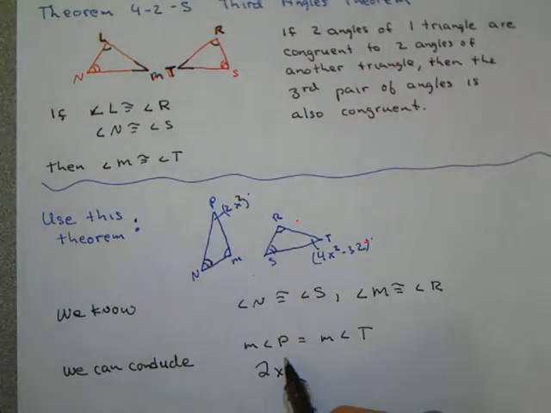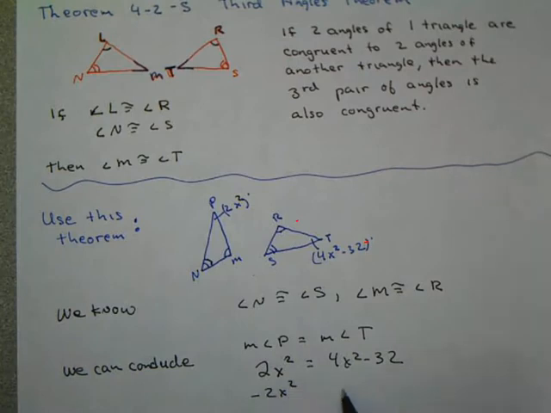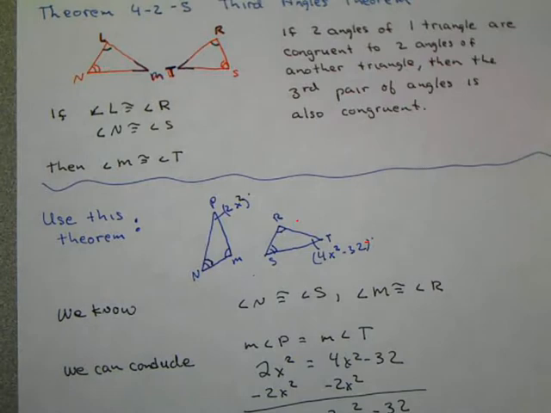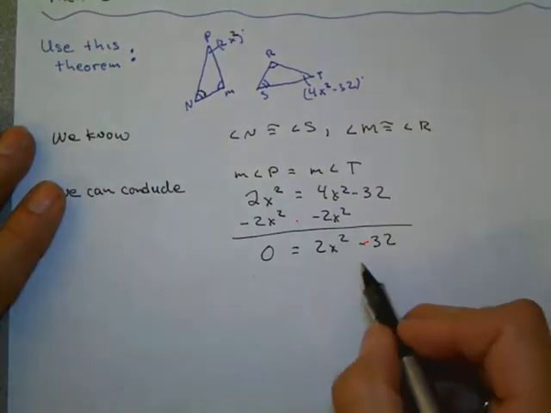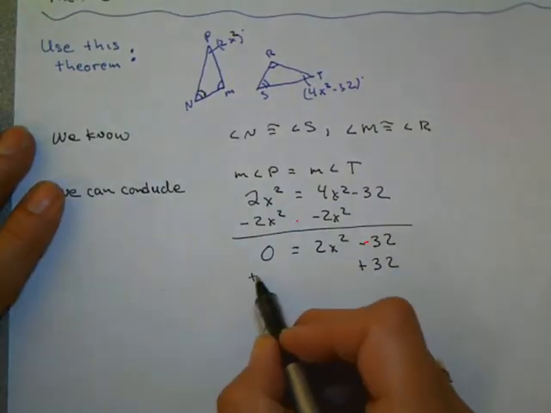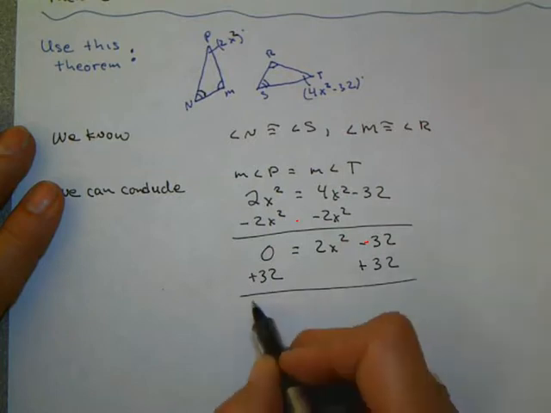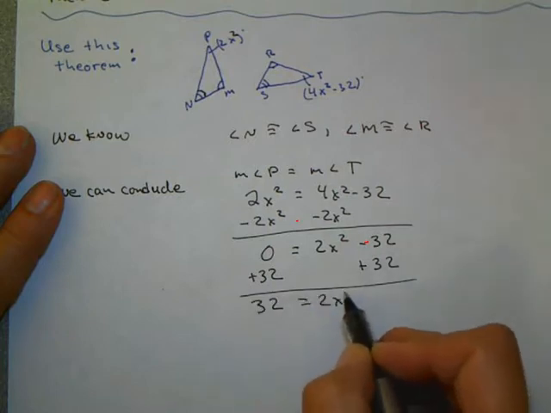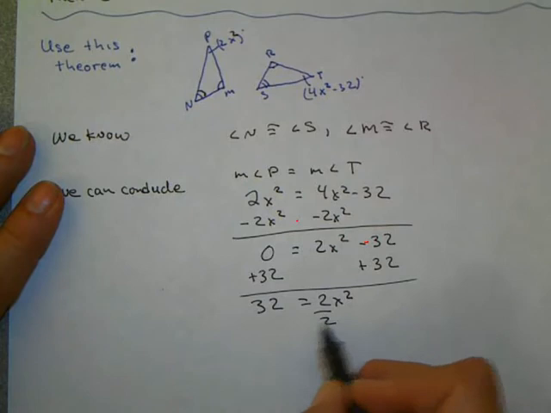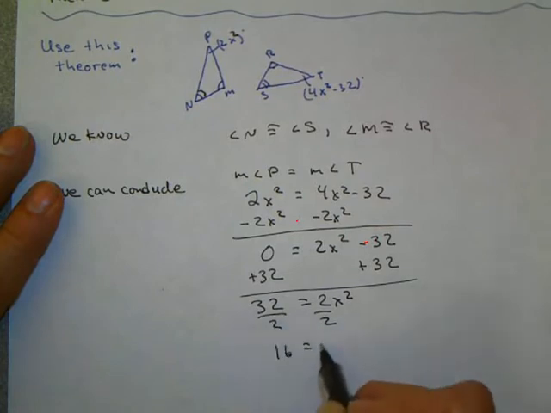Now, if I want to find these angle measures, I certainly can. I can write down that 2x squared equals 4x squared minus 32, and I can just use my algebra skills to solve it. The first thing I'm going to do is take 2x squared away from both sides. That will leave me with 0 on this side. No worries, 0 is a fine answer to have on one side. And now I'm going to add 32 to both sides because I want my variable term alone, and I'll get 32 equals 2x squared.